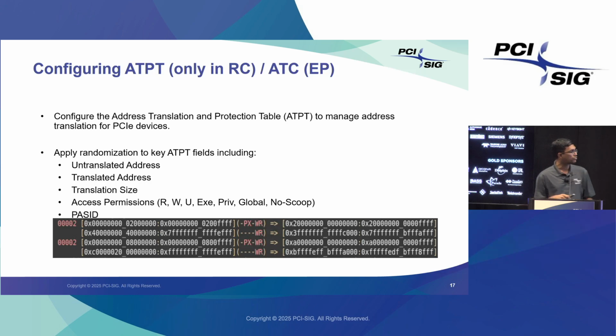If you see the complexity involved in developing this memory region itself, it is in the ATPT table. With respect to PASID, the region will have different meaning. With respect to PASID and privilege mode, we have different translation regions we can declare.